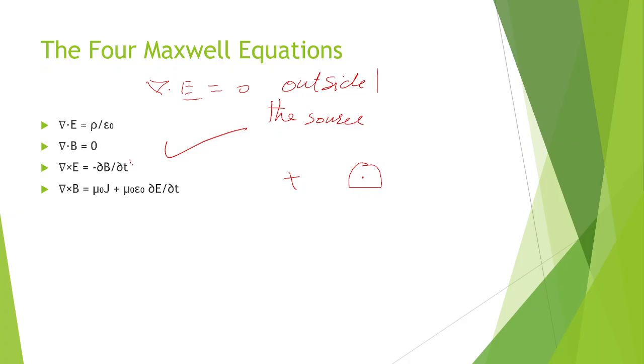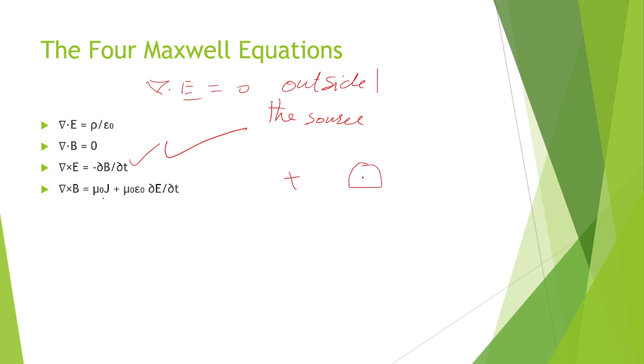We discussed this equation that changing the magnetic field, this is the rule of the generator. Changing the magnetic field in time will create electric current.